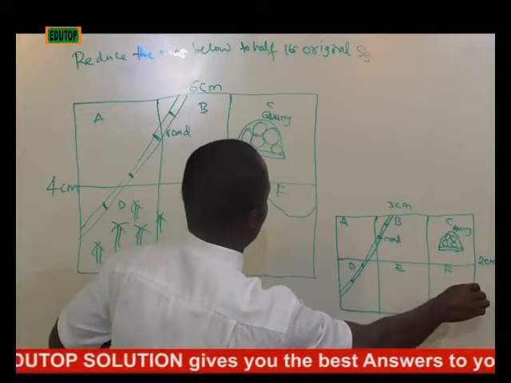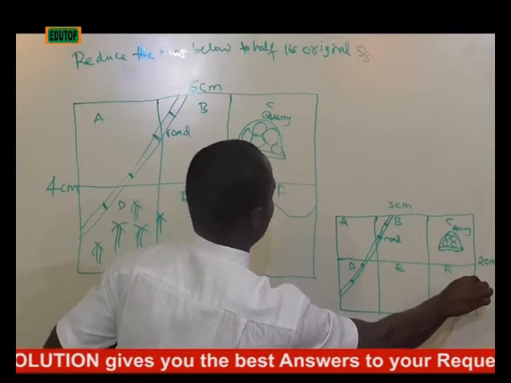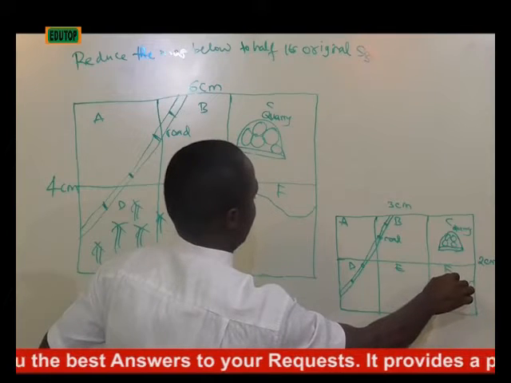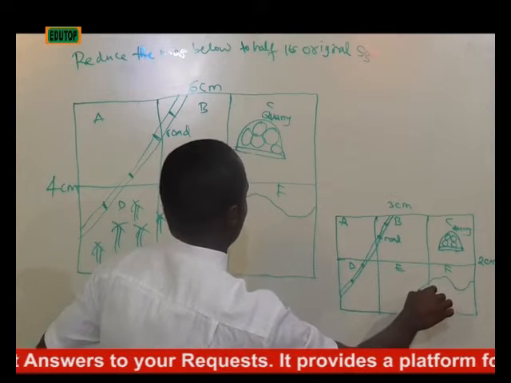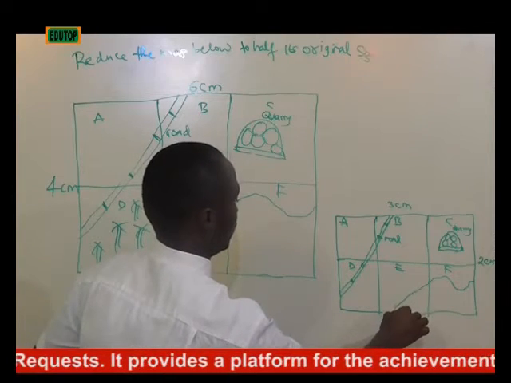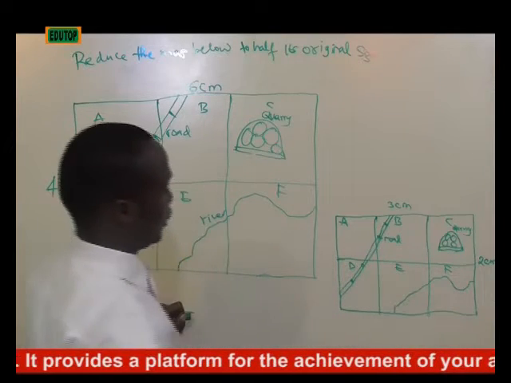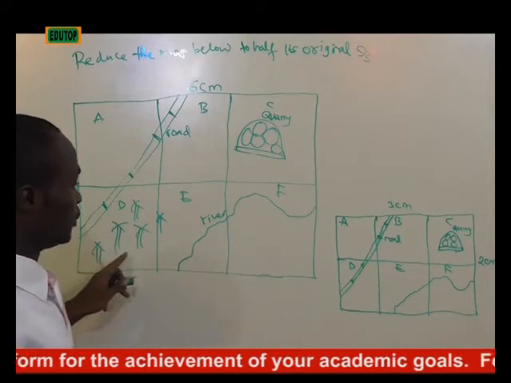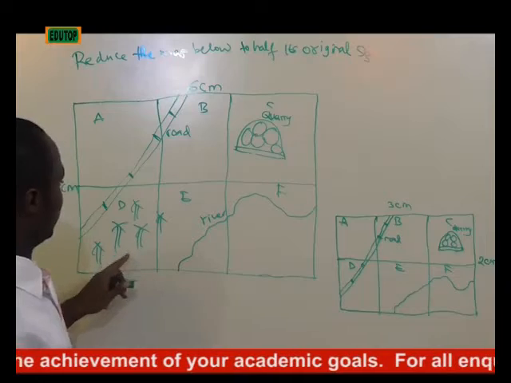That's the query. Now let's look at transferring the river from the old to the new map. You come to grid F, just follow it the way it is flowing up to grid E, and that's that. And finally, let's look at the vegetation.